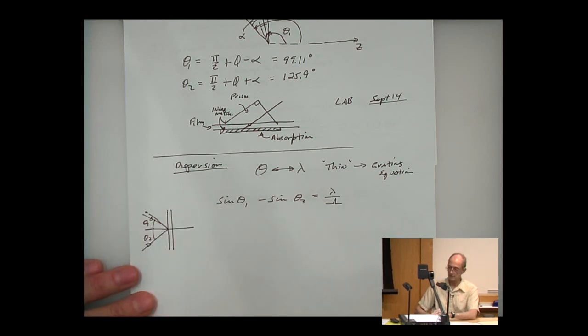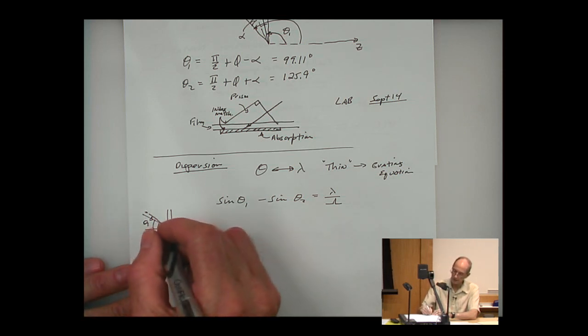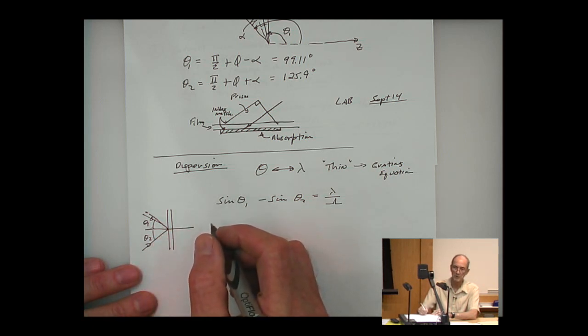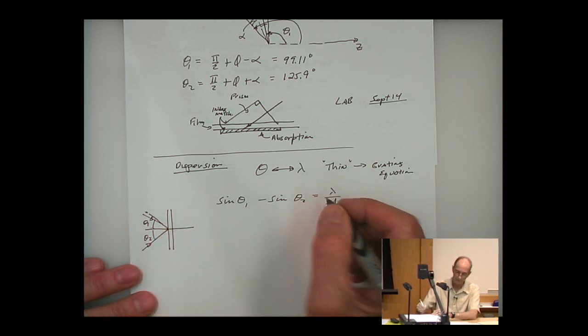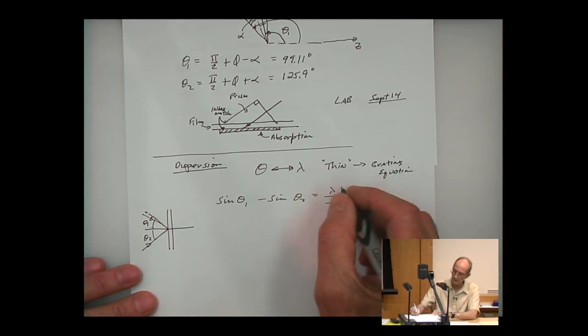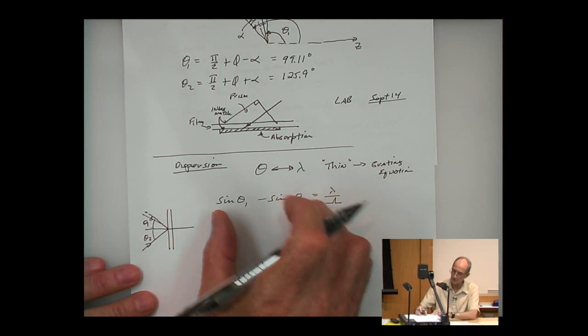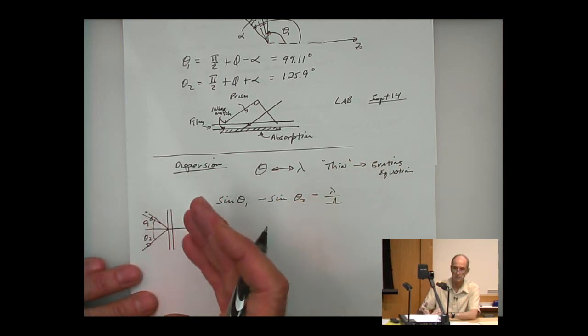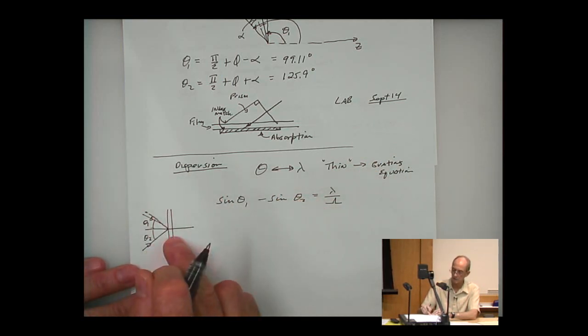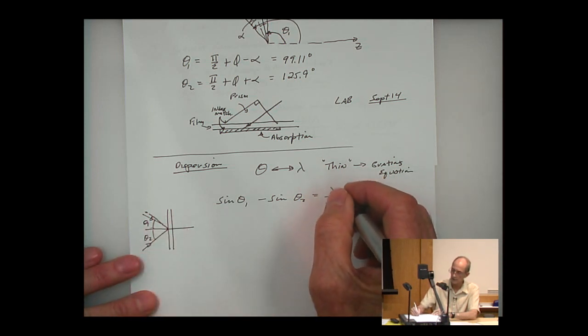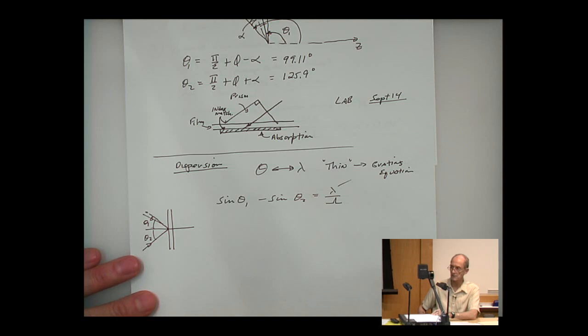What happens in our reconstruction? All right. Well, if we change the angle a little bit, the phase matching condition changes. If theta 1 and theta 2 are fixed during our construction, and then we use one of these during the reconstruction and change one of those angles, the only thing that can change is the wavelength.